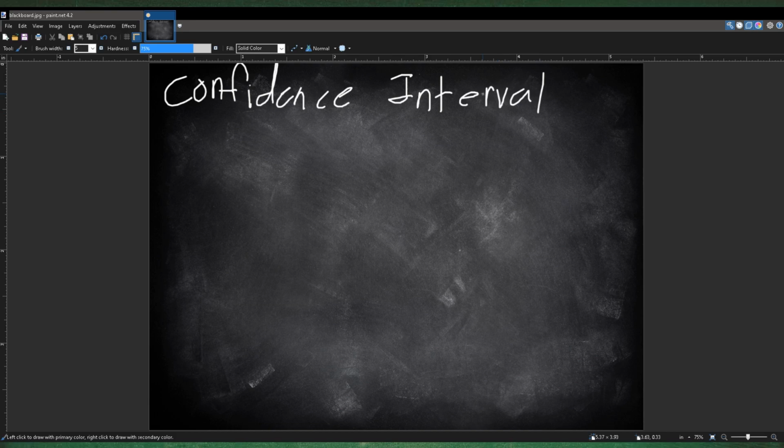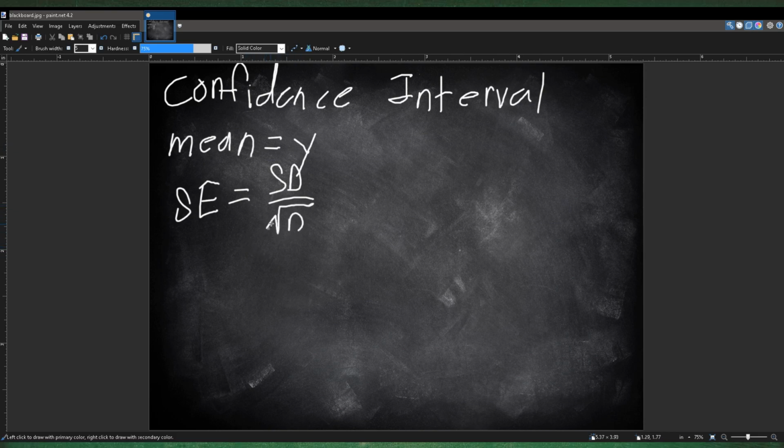So for the confidence interval, your mean is going to be your y, your sample mean basically, and your standard error is your sample standard deviation divided by square root n. So basically the same idea.